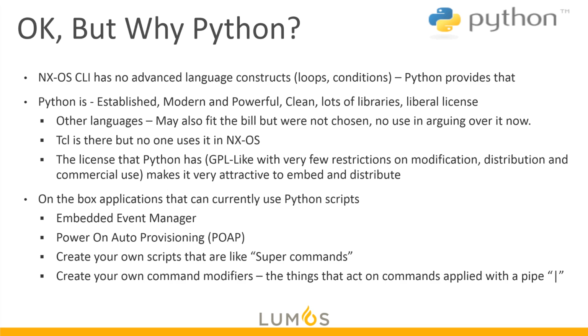So I did an EEM that looked for one of the BGP peerings to come up. As soon as that came up, that triggered the Python, which was a constant loop, which just kept looping around and testing to make sure that there was reachability and not over a certain amount of delay or latency.